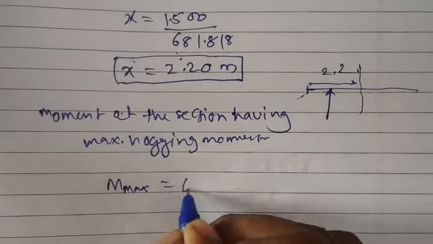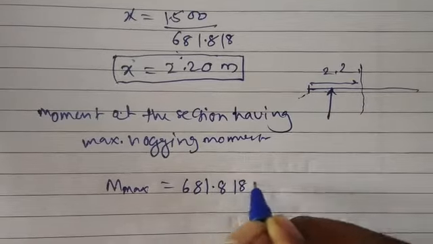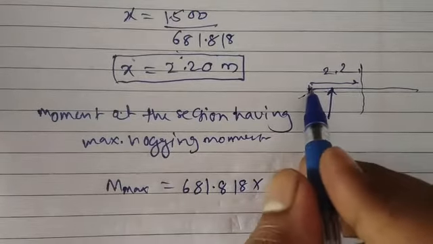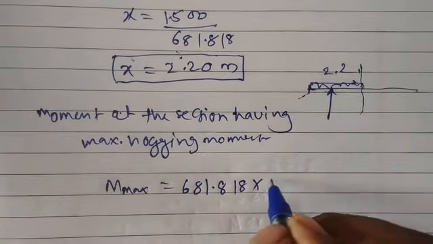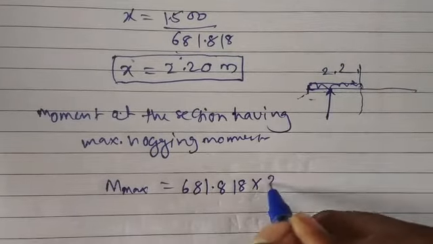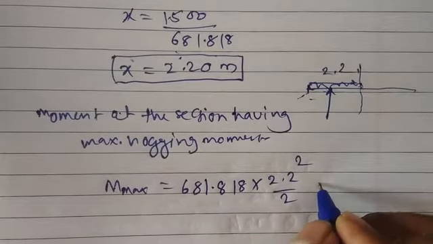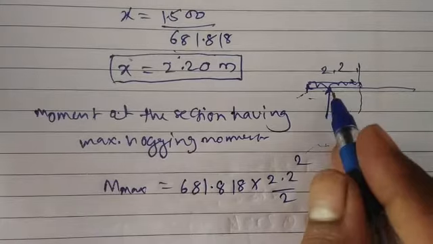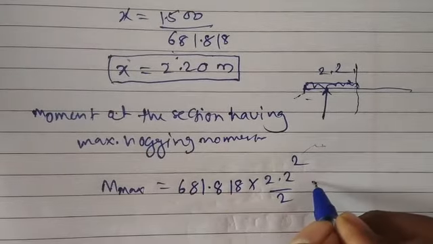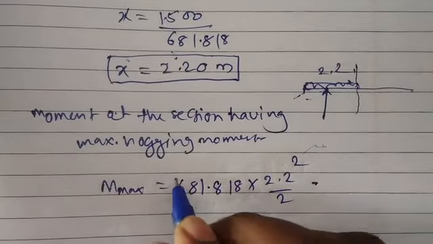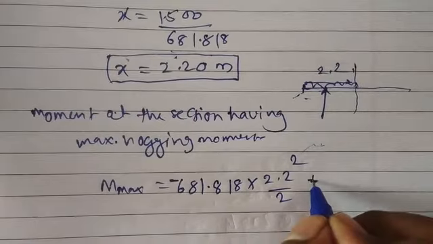So it will be 681.818 into, so UDL will be from this point till the section, so that's why it will be 2.2 square divided by 2. I am directly writing this, and this force will create some negative, this is anti-clockwise, so this will be negative, this is positive clockwise.